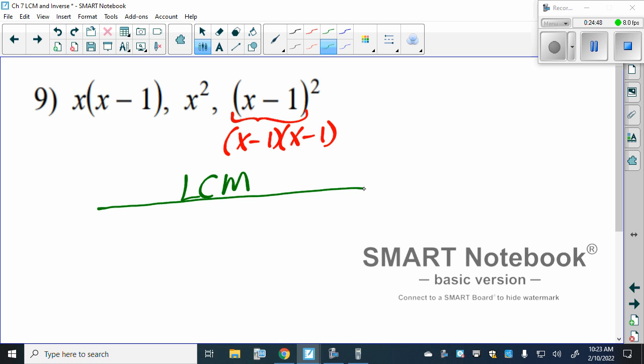We need an x squared. Because the first one does have an x, but the middle one has an x squared, so we need 2 of them for them all to be the same. What else do we need? We need x minus 1. Anything else? Another x minus 1.